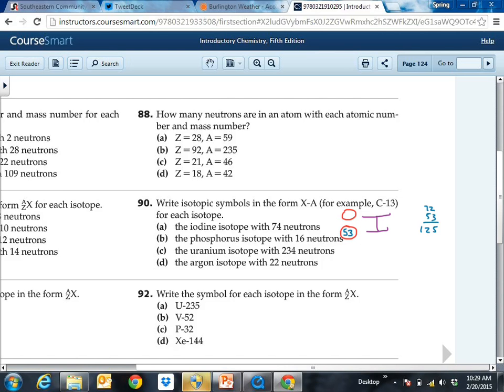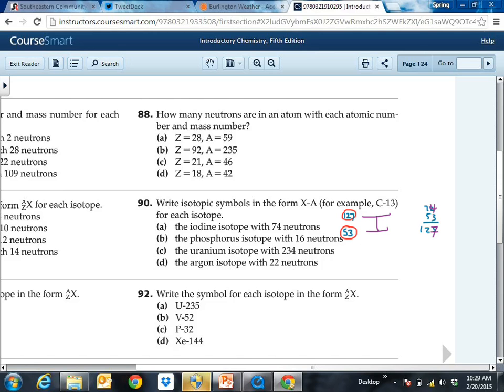No, it's 74. Oh, thank you. 127. Good job. Very good. Does that work for you? Perfect. That's a lot of neutrons.